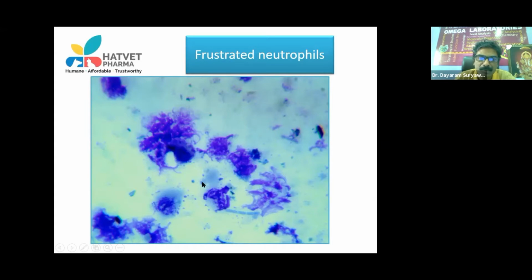Then you can see some bacteria are also present, some in the cytoplasm of those cells, and some cells show autophagy, so there is neutrophilic autophagy observed by the macrophages. These are the things observed whenever there is an excessive load on the neutrophils, and they are not able to cope up with the inflammation or infection. In such cases, we are getting the frustrated type of neutrophils.